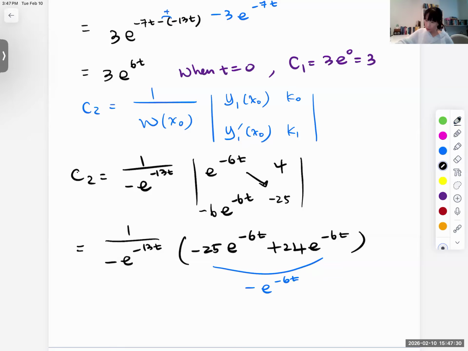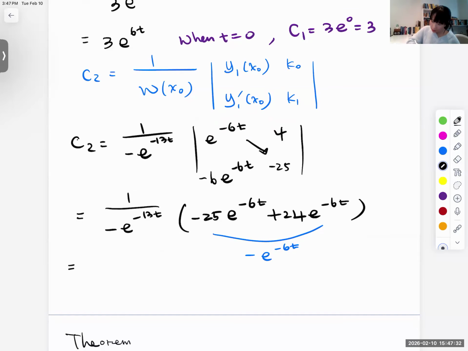So we multiply, so we have negative e to the negative 6t minus 13t, which is a positive. So we have 70. Wait a minute, it's a positive, right? Okay, so positive e to the 70.